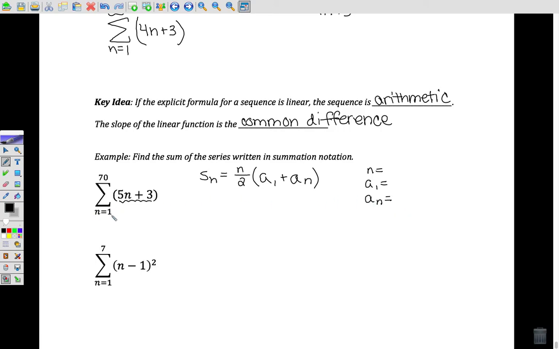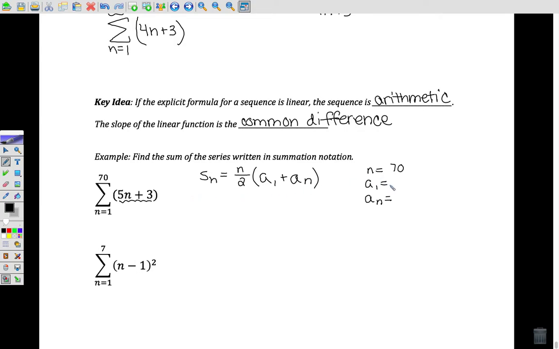So this one's pretty easy to figure out how many terms there are. You're adding from the first term to the 70th term. So there's 70 terms. Or you think upper minus lower is 69, plus 1 is 70.